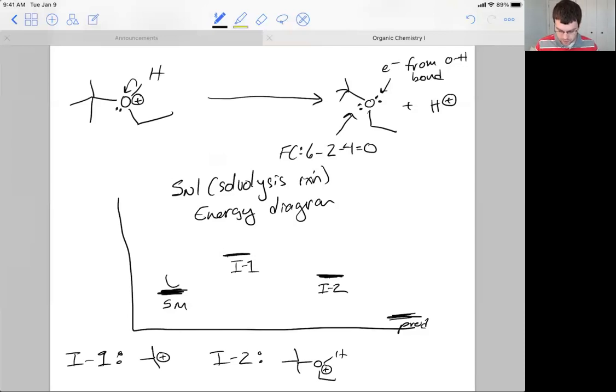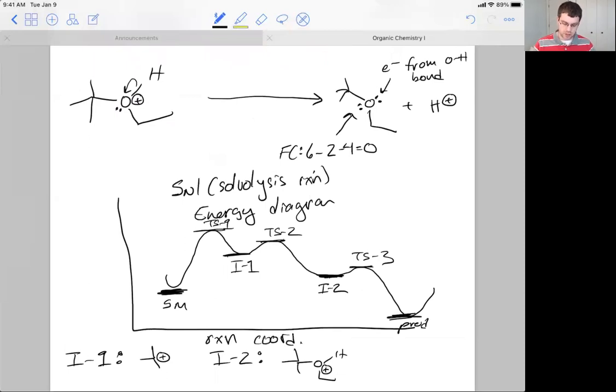Now we're going to go through some transition states. The first transition state is going to be higher in energy than the other two transition states. So this is TS1, TS2, and then TS3. So we updated our energy diagram. I'll just label the axes really quick.